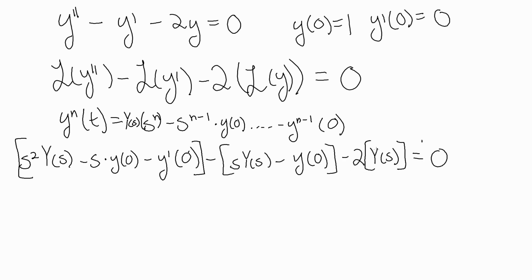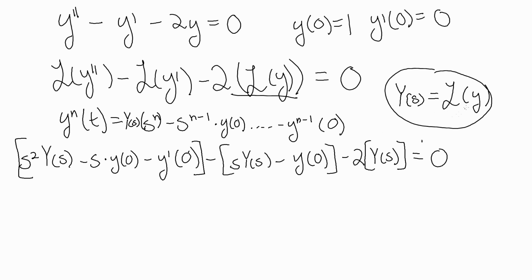I want to add that we are defining Y of s as being the Laplace transform of y. So you'll notice here for the last term, minus 2 times the Laplace transform of y is just Y of s. This right here is the relationship. So now we have this long expression right here.